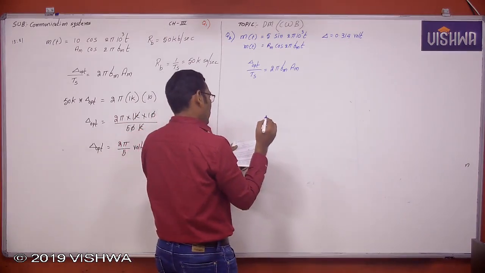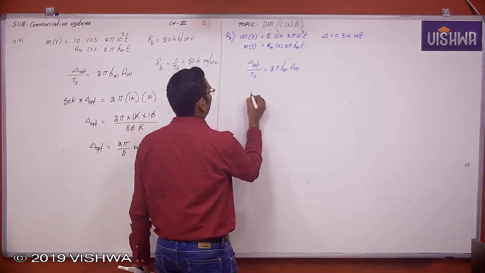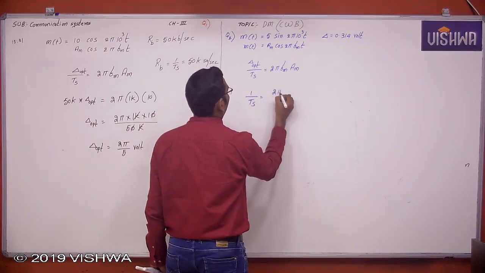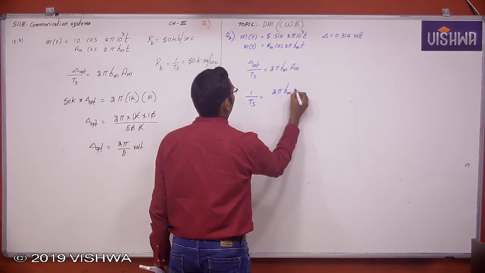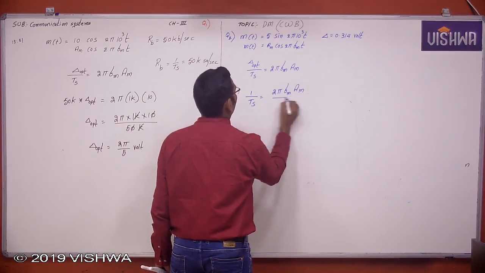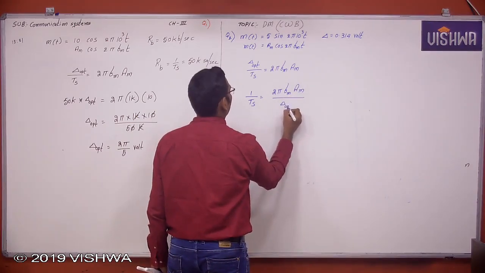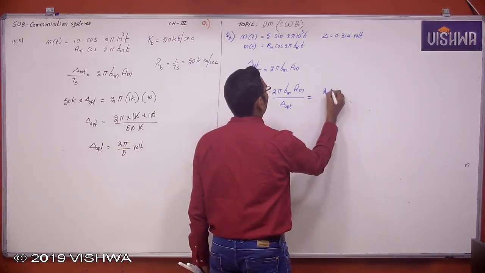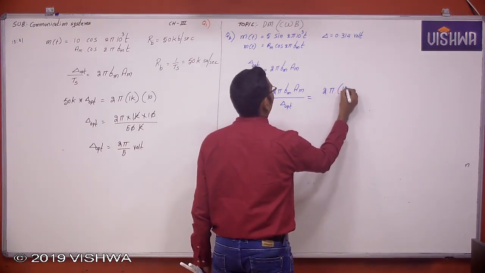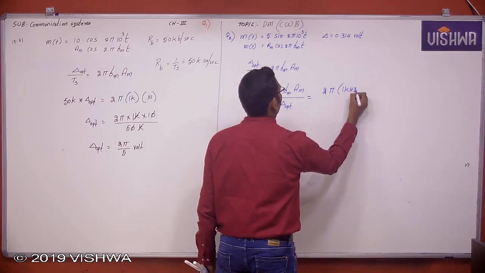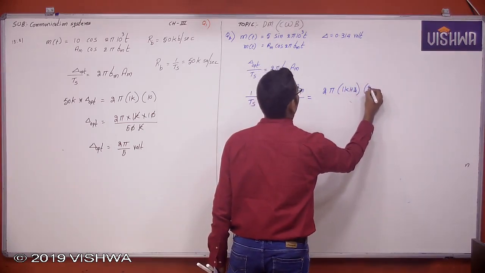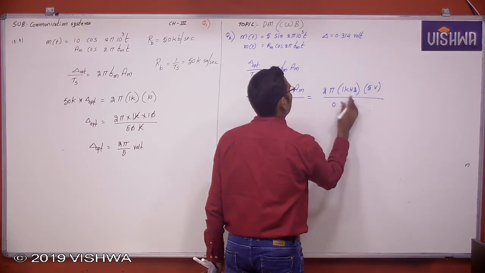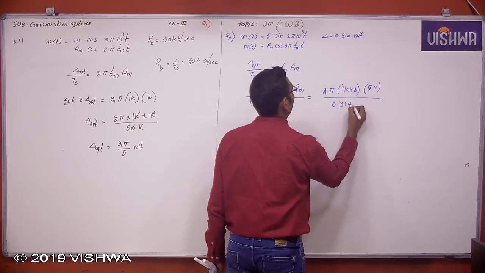So the peak amplitude condition is 2 pi fm Am by the optimum step size. Here fm is 1 kilohertz, the amplitude of the message signal is 5 volts, and the step size is 0.314 volts.